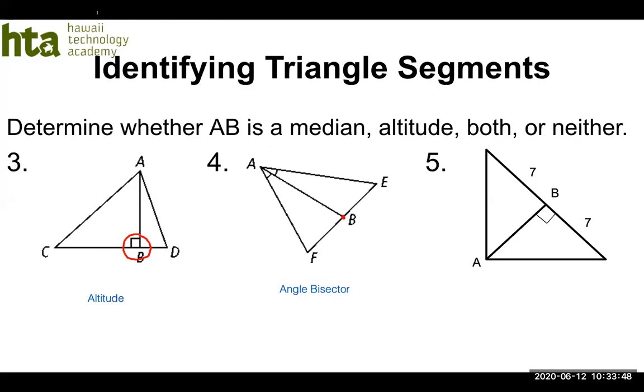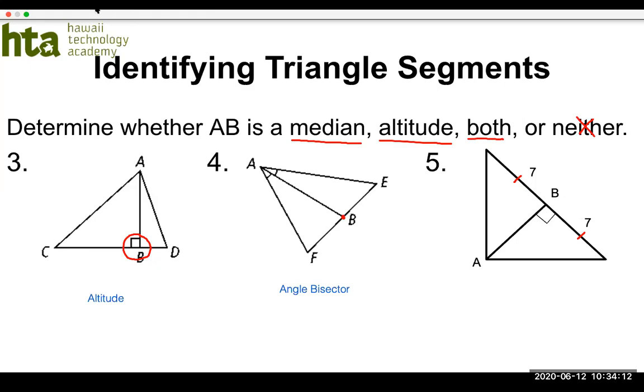All right, number 5, we have B is a right angle. It's forming a right angle, so it is an altitude. And we know that this segment is 7 and this segment is 7. That means that these two segments are congruent, which makes B a midpoint, meaning we have a median as well. So we have both a median and an altitude.